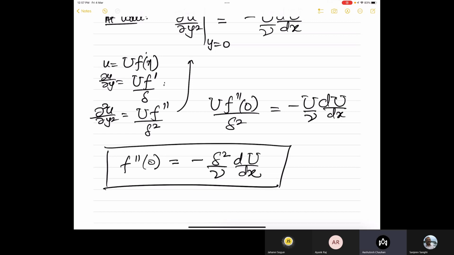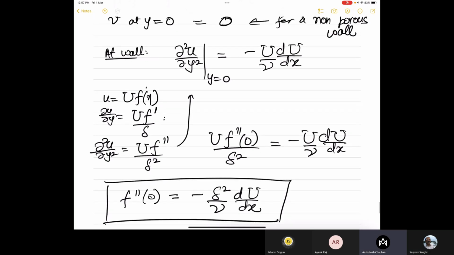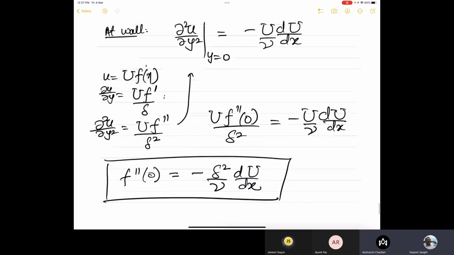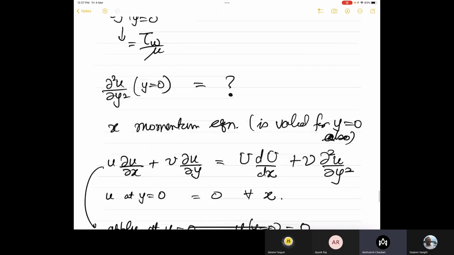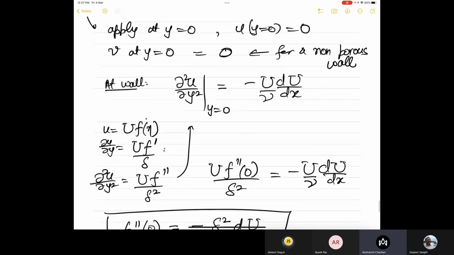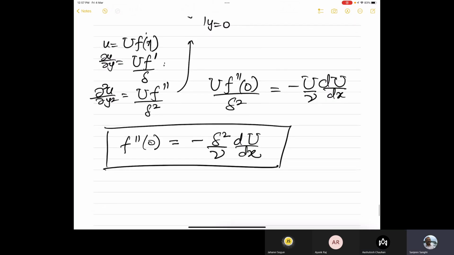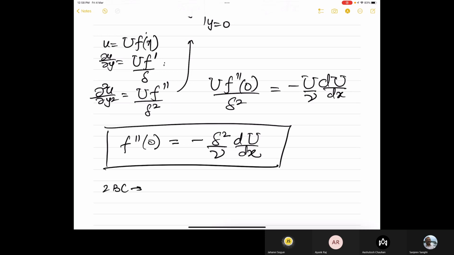Yes, sir. Sir, I have a doubt. If there is a second order, third order or higher order polynomial equation, which boundary conditions do we use first? It is the same doubt which I have too. So what we are saying is, if two boundary conditions are needed, then we will use the essential boundary conditions.